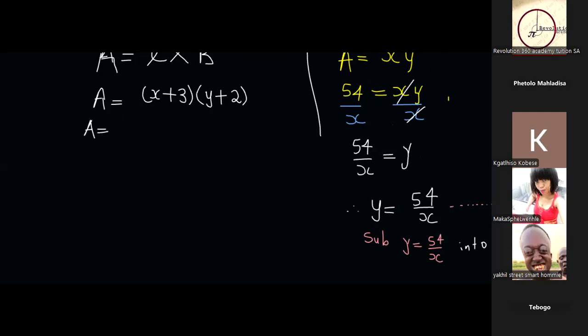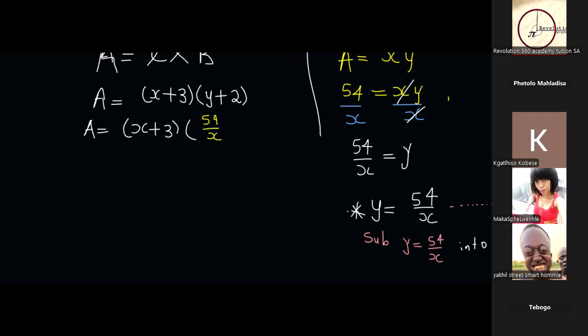Since now we are substituting that, remember, this is y, and here y is given as 54 over x. It means where you see y, you write 54 over x. Let's write that, 54 over x. Then you add 2. That's what we are having here. We say plus 2.